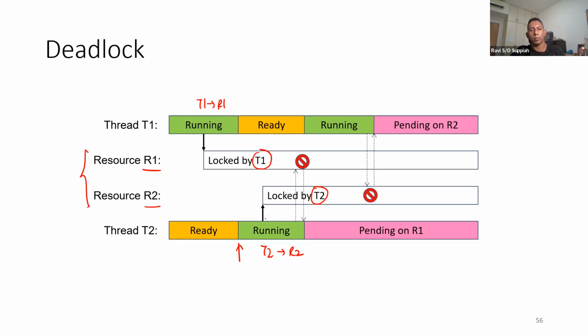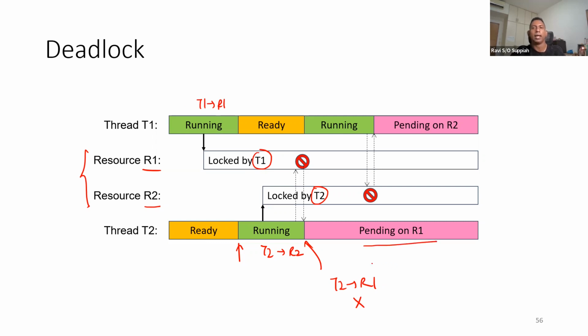So task 2 locks resource 2, but when task 2 tries to lock resource 1, it gets blocked, because resource 1 is already locked by task 1.